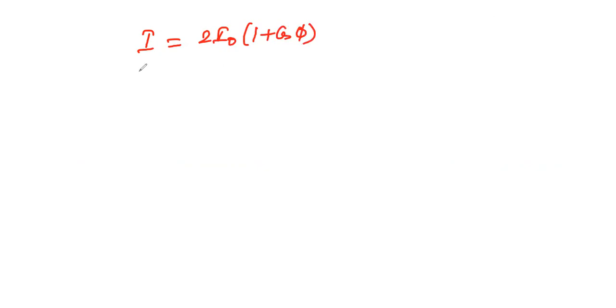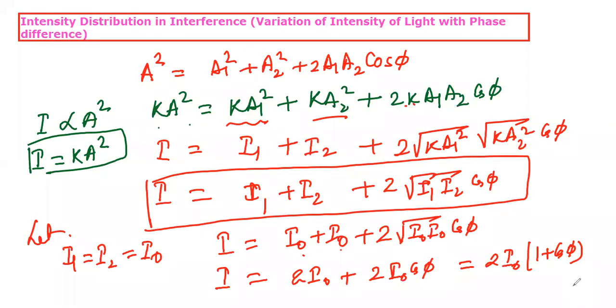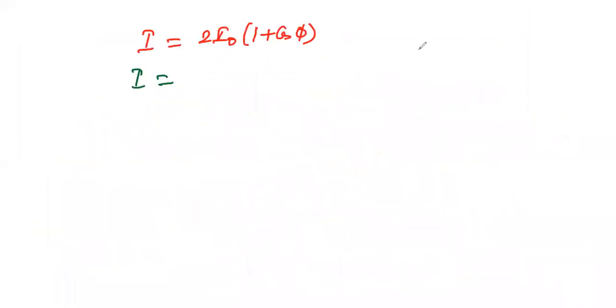So from here you can write I is equal to 2 I naught times 1 plus cos phi. Children, you know from your trigonometry formula of submultiple angles that 1 plus cos phi is equal to 2 cos square phi by 2.